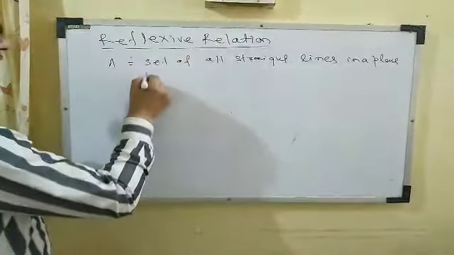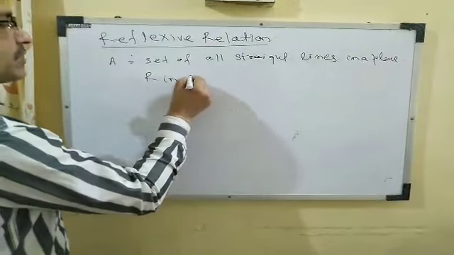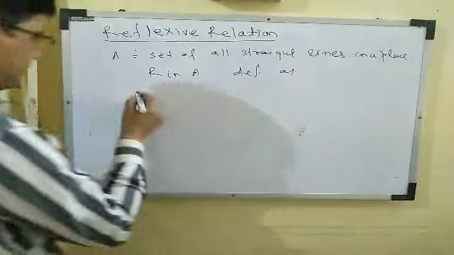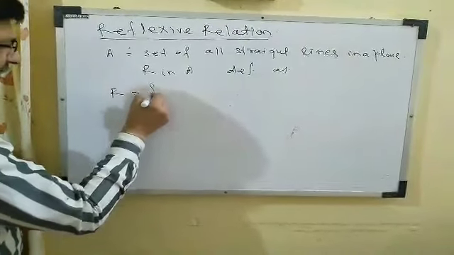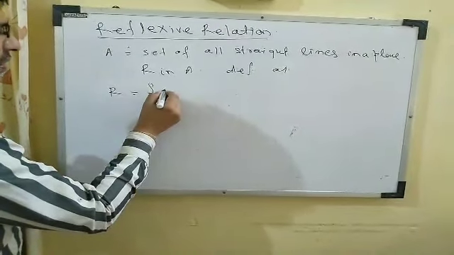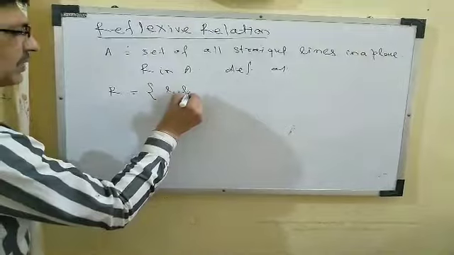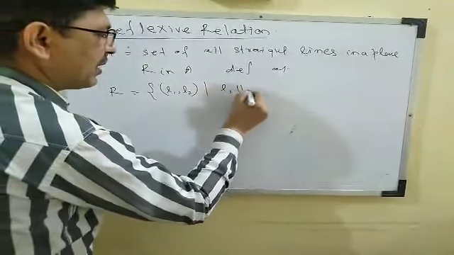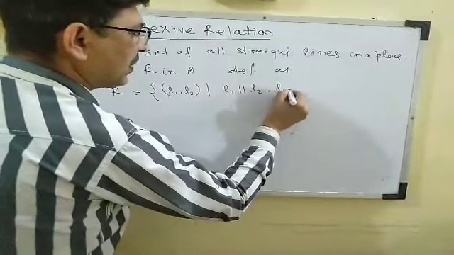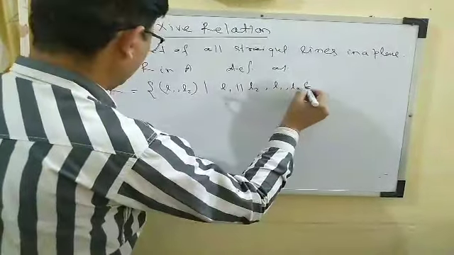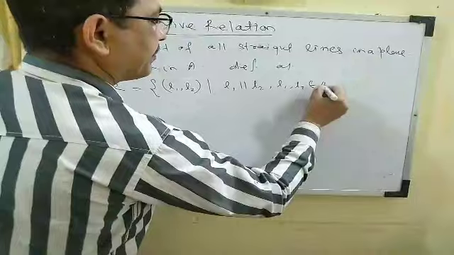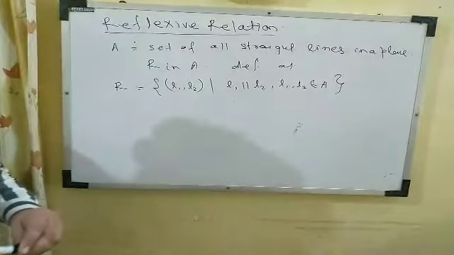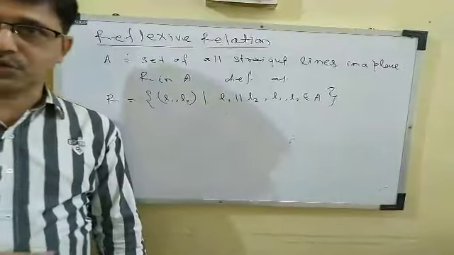And suppose R is a relation in A defined as R is the collection of all ordered pairs (L1, L2) such that L1 is parallel to L2, where L1, L2 belong to A. So we have to verify whether this relation is reflexive or not.